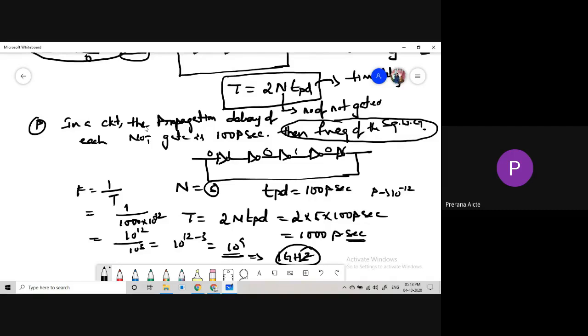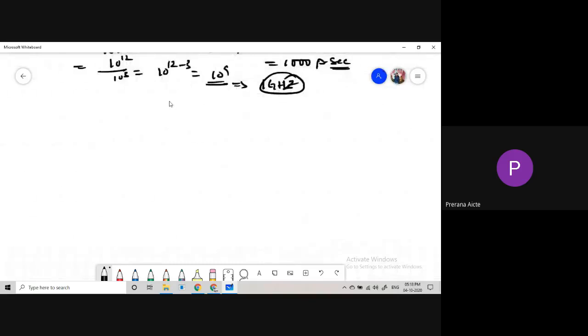In the circuit shown in the figure, the propagation delay of each NOT gate is 2 nanoseconds. Then find the time period of the square wave generator.